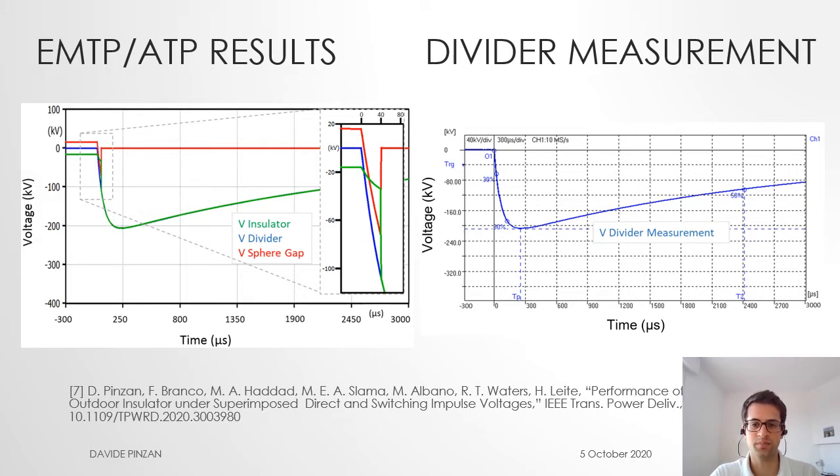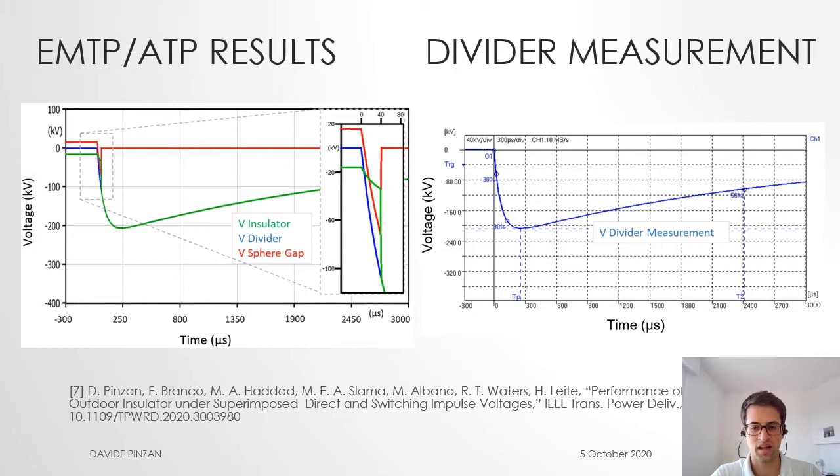An EMTP-ATP simulation was needed in order to see what was the actual voltage applied on the insulator. In fact, in the laboratory, it was possible to measure only a transient voltage, shown on the right-hand side of the slide.